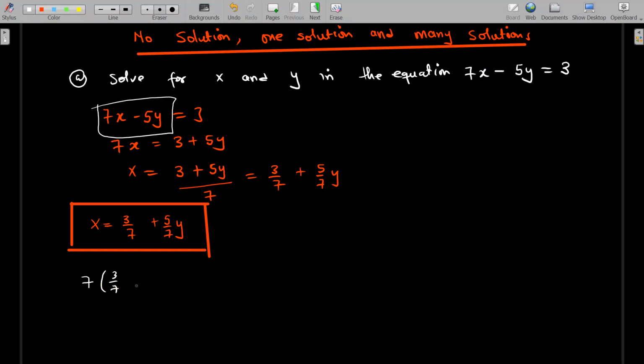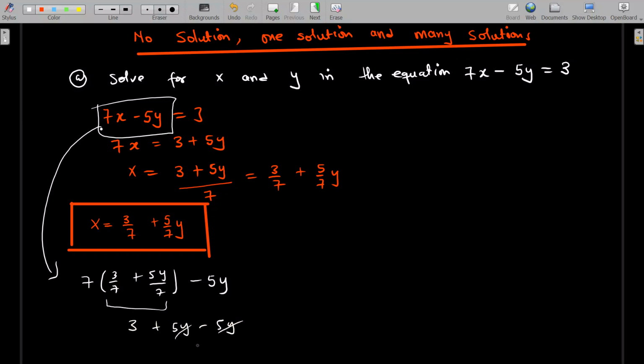I have 7 times x, and x is this, so if I multiply 7 through, I'm going to have 3 plus 5y minus 5y, and these two will cancel, and I'm going to get 3, right? And indeed, if x is equal to this, then 7x minus 5y will always give you 3.